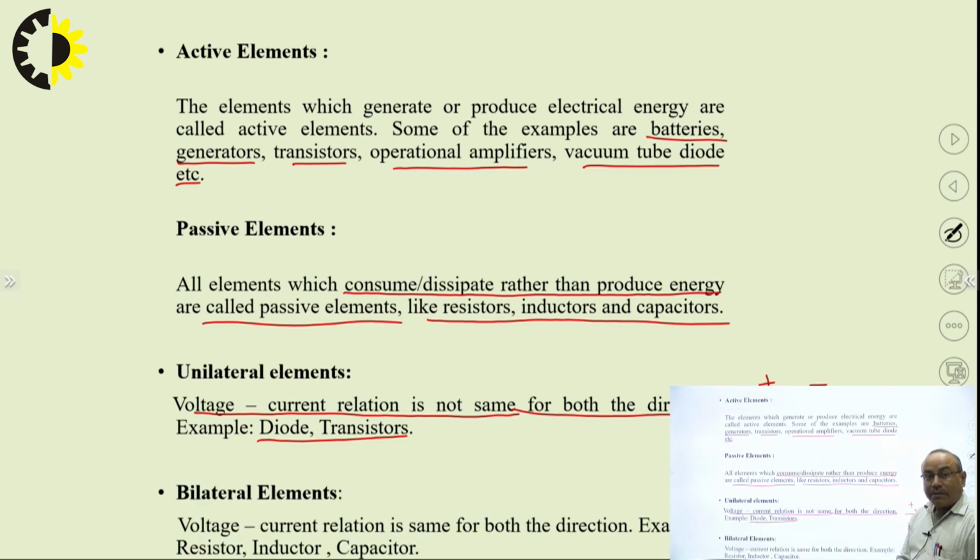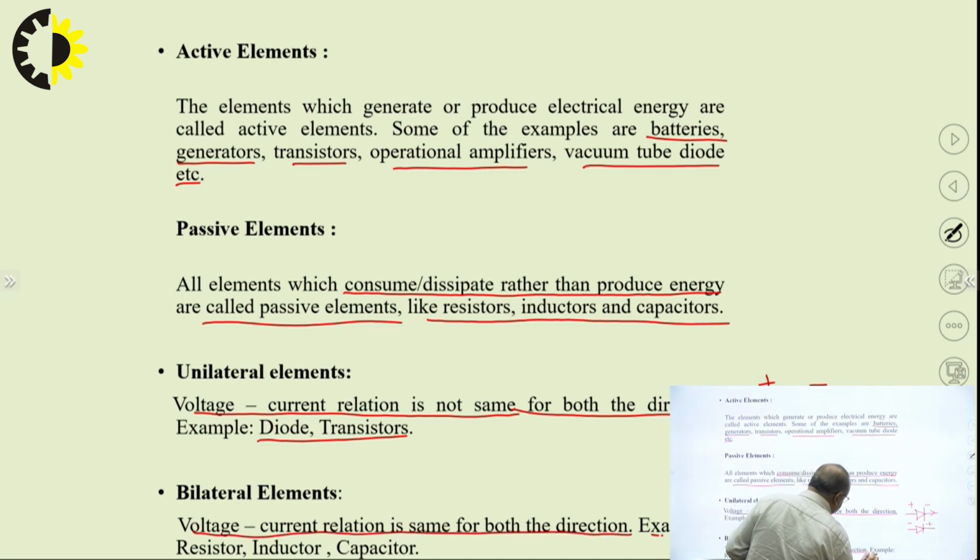On the other hand, in bilateral elements, the voltage and current relation is the same for both directions of current flow, and examples for this are resistance, inductance and capacitance.